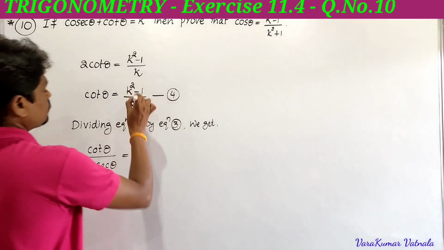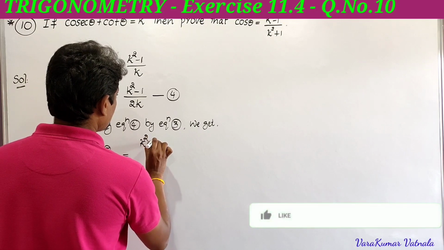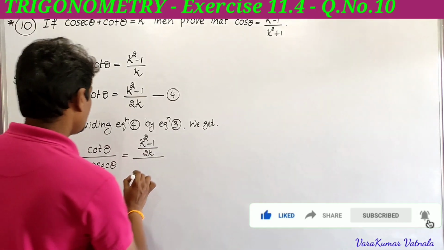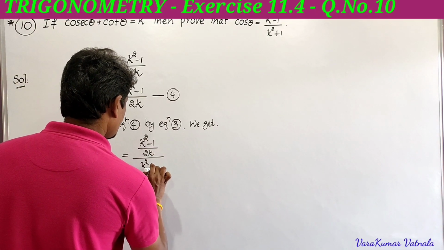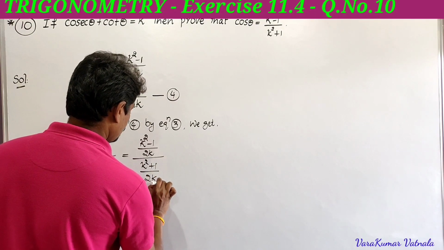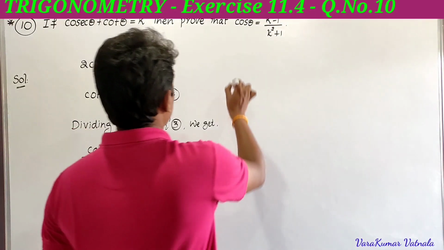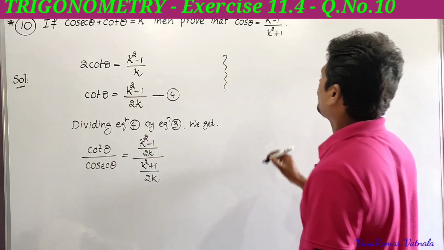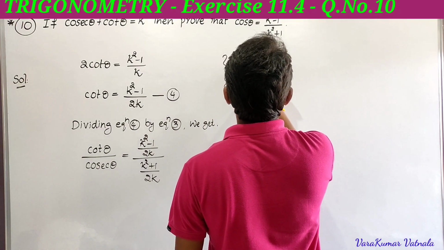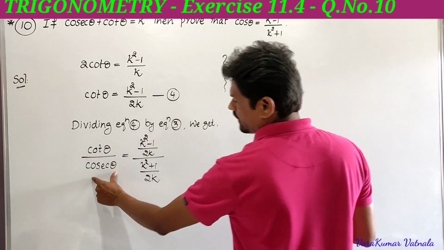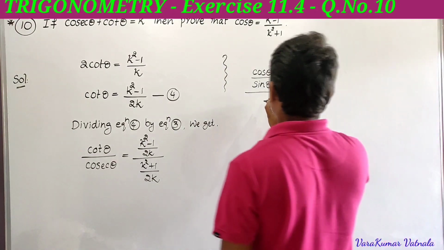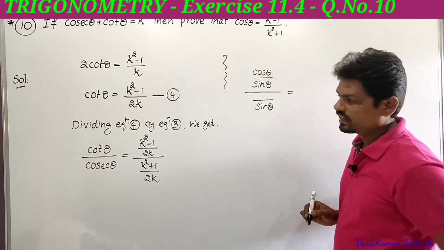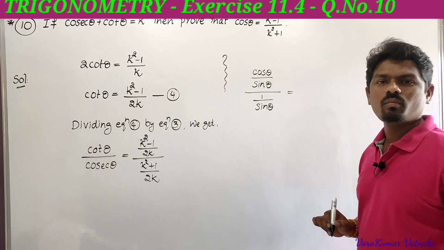On the right hand side in equation 4, we have k square minus 1 by 2k, divided by k square plus 1 by 2k in equation 3. How can we write it? Cot theta can be written as cos theta by sin theta, and cosec theta can be written as 1 by sin theta.